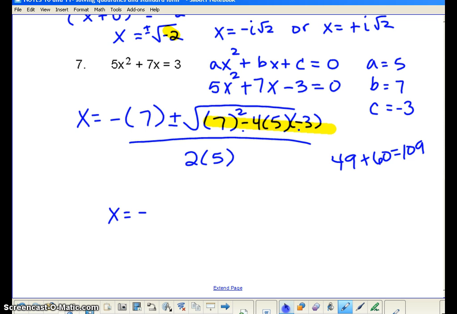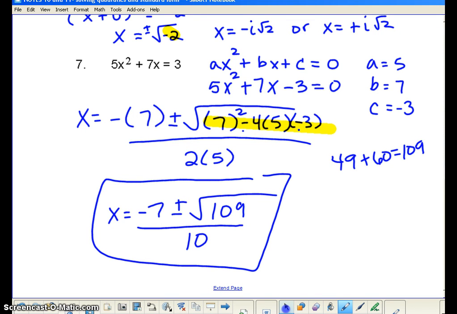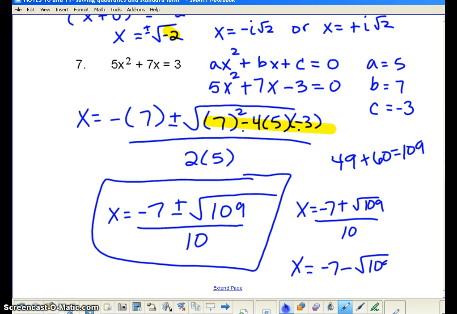So x equals -7 plus or minus the square root of 109, divided by 10. 109 is not a perfect square and it will not simplify, so that is the answer. You have x equal to -7 plus the square root of 109 divided by 10, and x equals -7 minus the square root of 109 divided by 10.